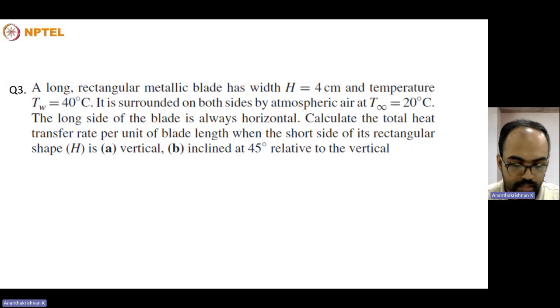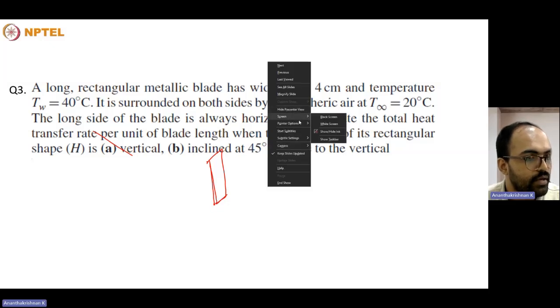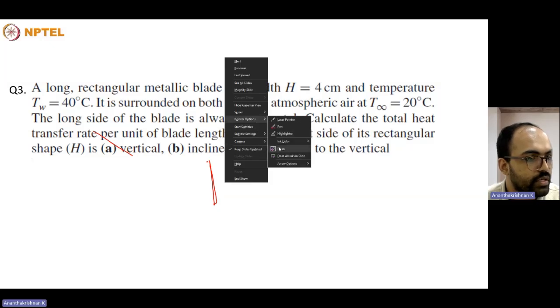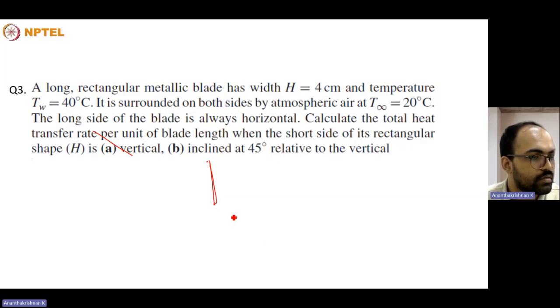So basically, it has got two parts. First part, when the wall is vertical, its long side will be on the horizontal. So this is the vertical case, and the inclined case will be slightly different.